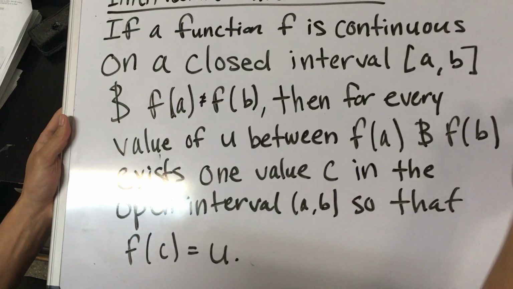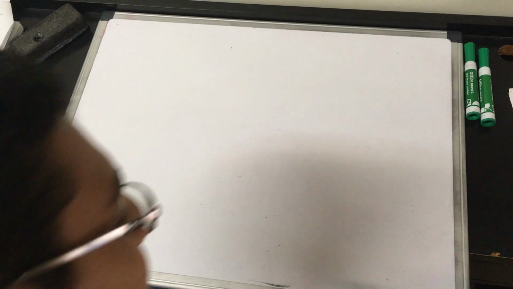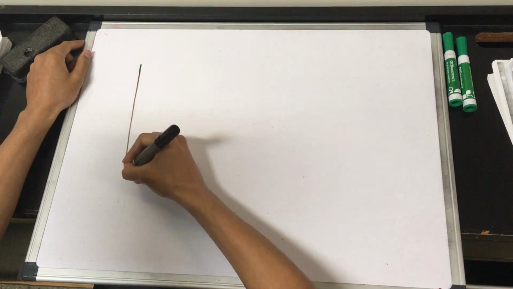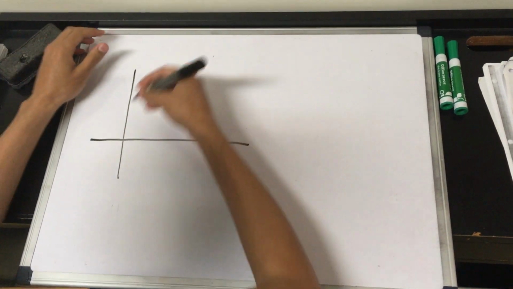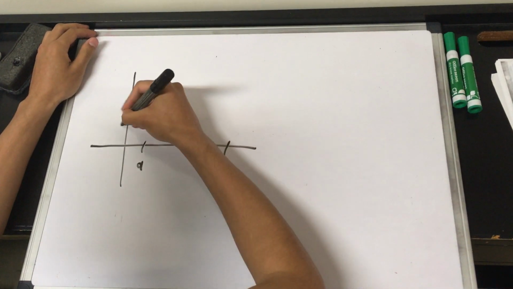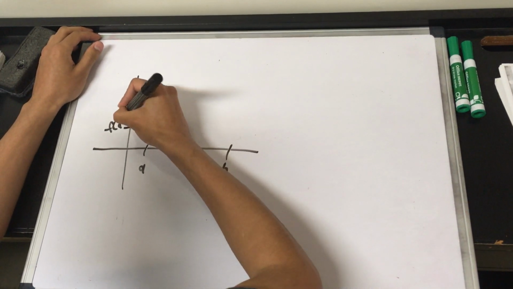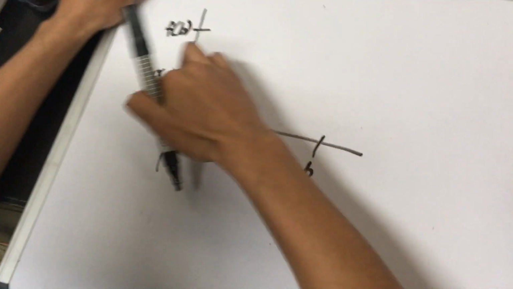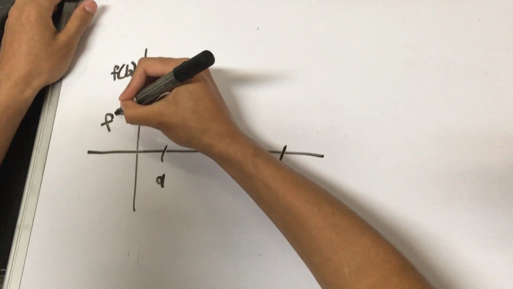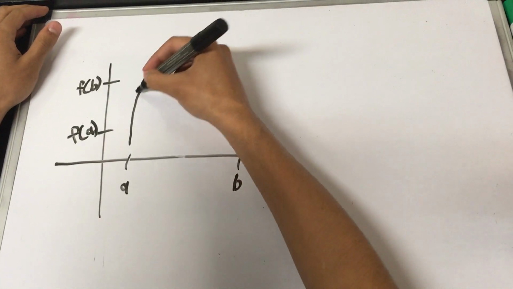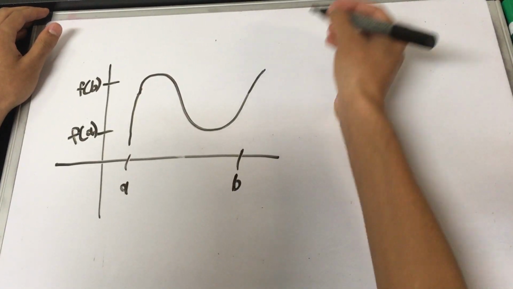Let me show an example, a graph. So we have the interval from a to b, with f of a here and f of b here, and a function, let's say something like this.